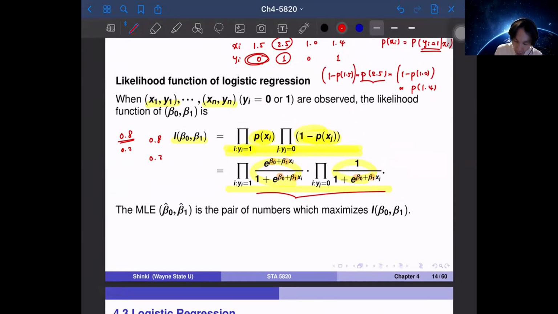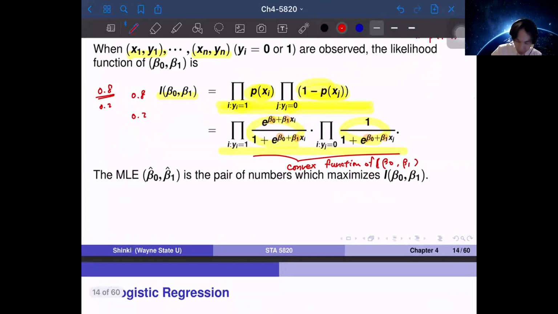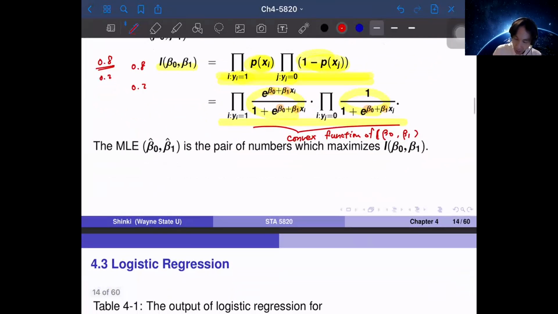But actually, this is a convex function of beta naught and beta 1. So we have a pretty good approximation. For example, if we use the Newton-Raphson method, then the likelihood increases when we update beta naught and beta 1. So optimization isn't as difficult as it looks. It's not a parabola, but still it is a convex function.